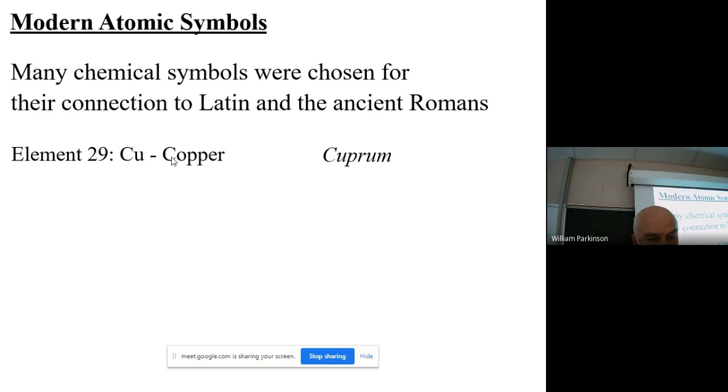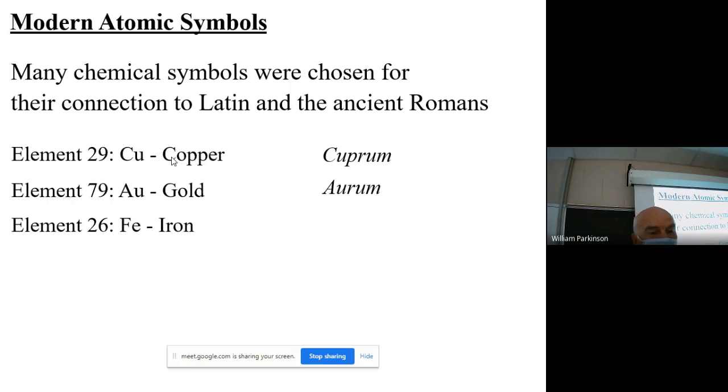Au was aurum. That's what the Romans called gold. So the symbol for gold is Au instead of maybe G. Ferrum is what they called iron in Latin. So Fe is the symbol for iron rather than being I or maybe IR or something like that.